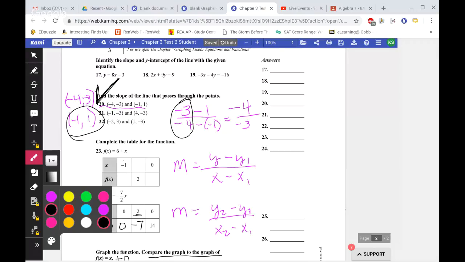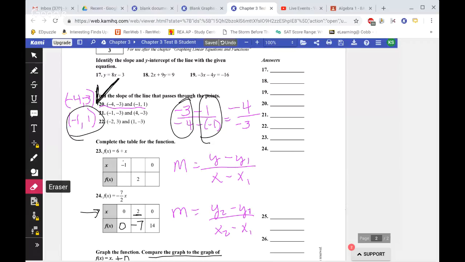And then this point is together. That's the key, keeping them on top of each other when you plug them into the formula. Does that clarify it for you guys a little? Yes, ma'am. I want to make sure that it does.